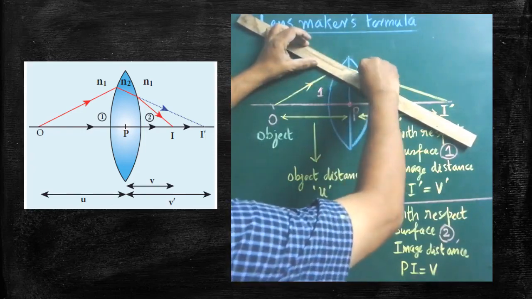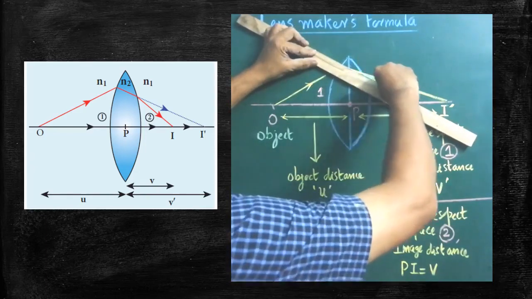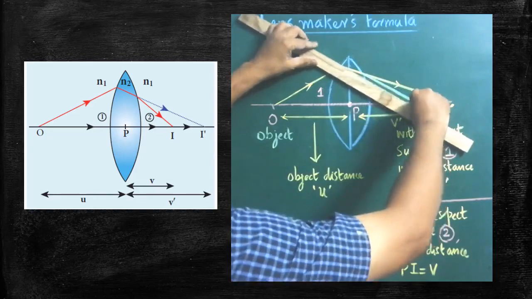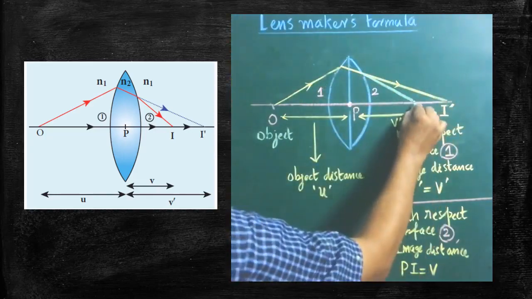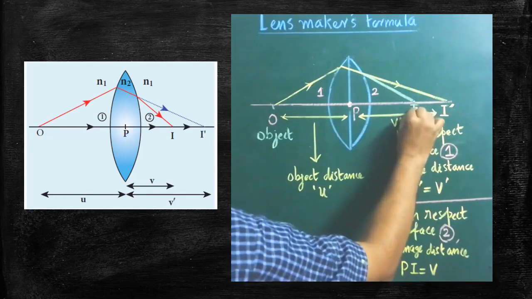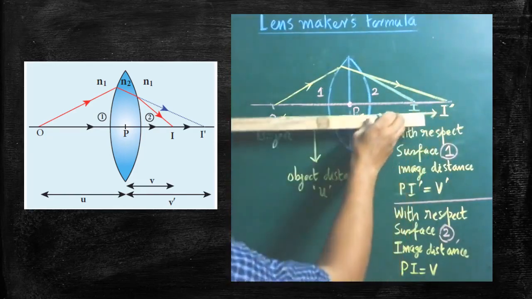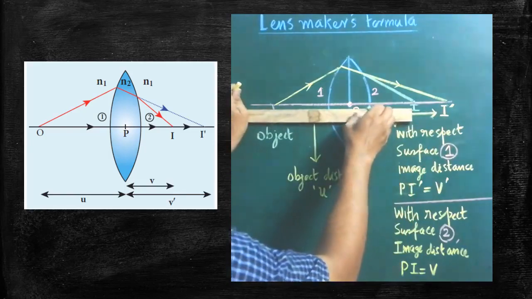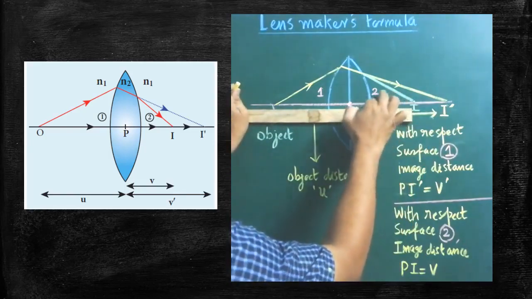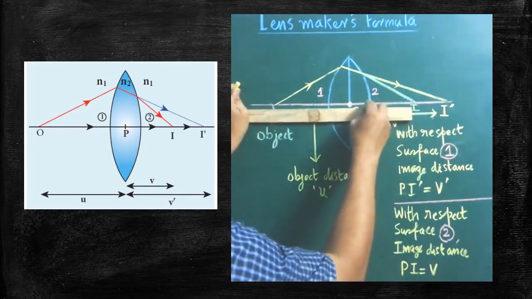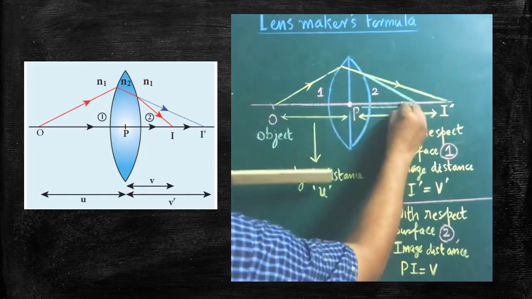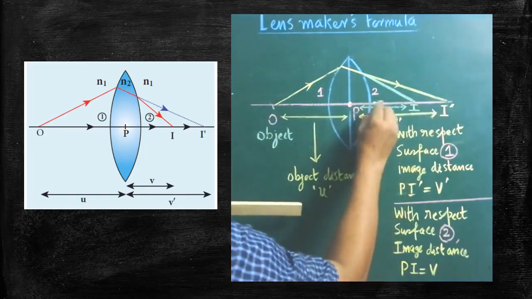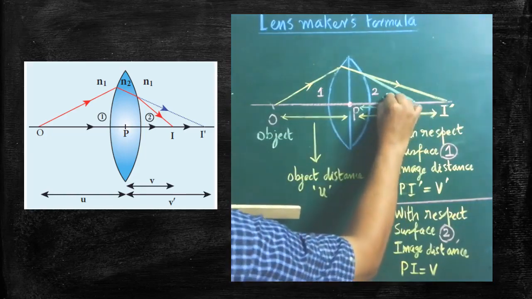If it gets refracted on the second surface, the ray is incident on the principal axis exactly at I. Are you clear? So this distance between the image I and P can be taken as V.